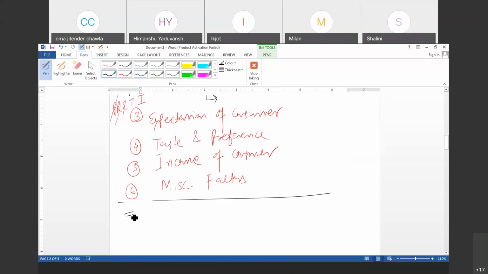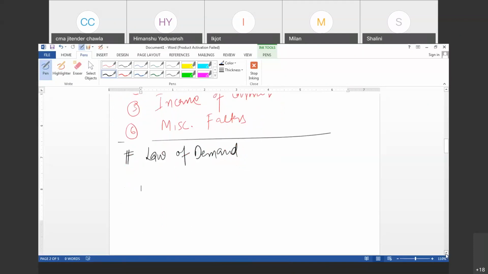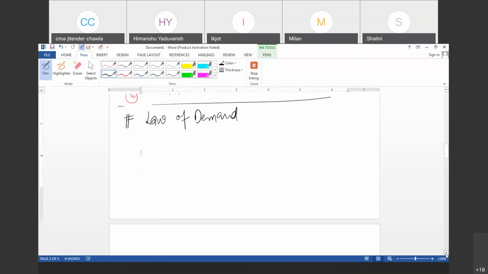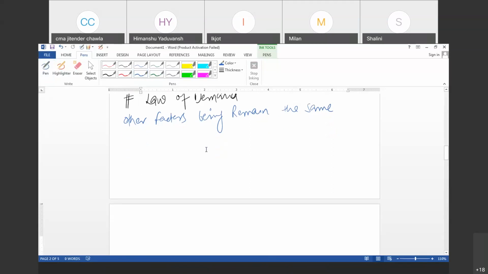Now, what is our next topic? What is law of demand? Other factors will remain the same. Last year का क्वेश्चन यहीं से डिस्कस कर रहा हूँ. One of my colleague asked me कि कुछ पेपर के क्वेश्चन ले लीजिए. तो अभी इसी लाइन में एक क्वेश्चन आ रहा है, प्लीज फोकस कीजिएगा यहाँ पे. अदर फैक्टर बीइंग रिमेन द सेम.